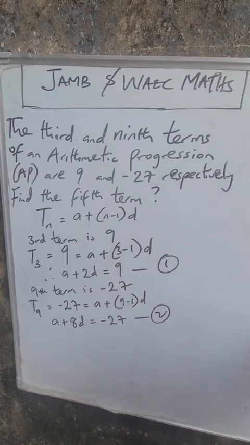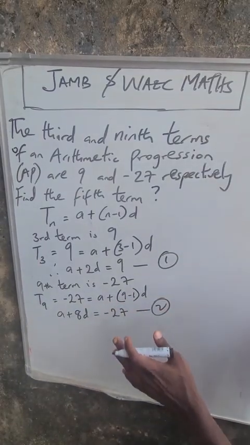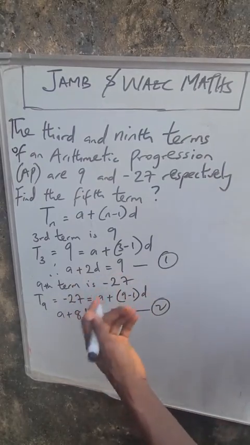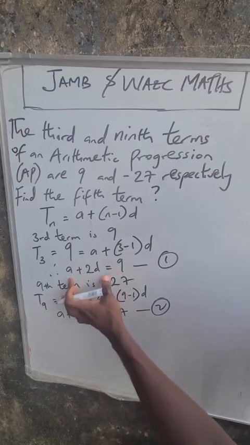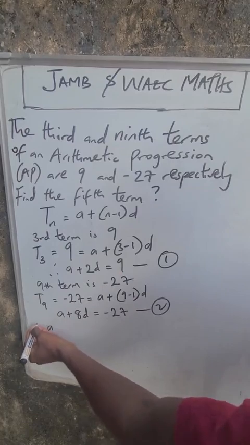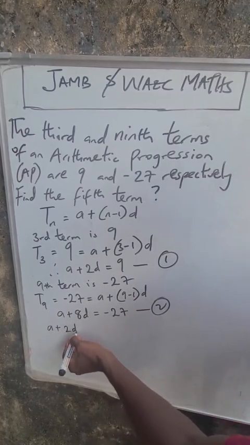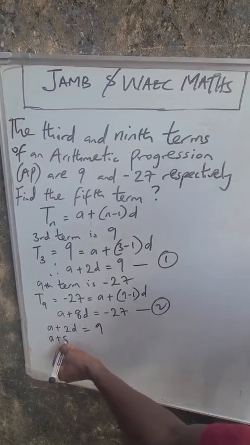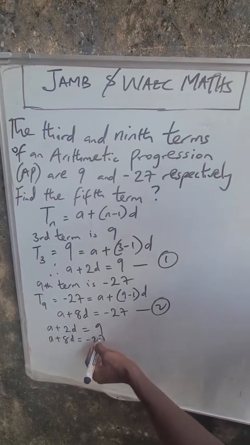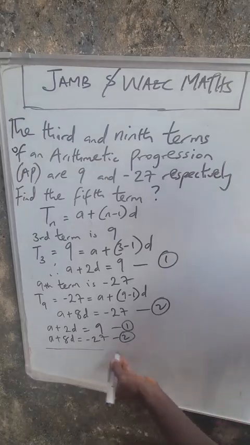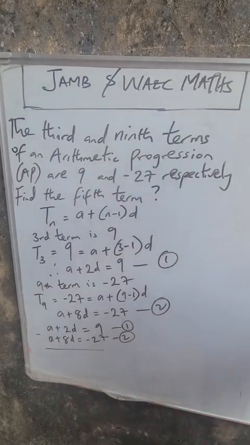All right, so you see it's forming some kind of simultaneous equation. These are linear equations, so we're going to solve them simultaneously. From our equation 1, you have a plus 2d equals 9. Then we have a plus 8d equals minus 27. That's our equation 2. If we subtract both equations, what happens?